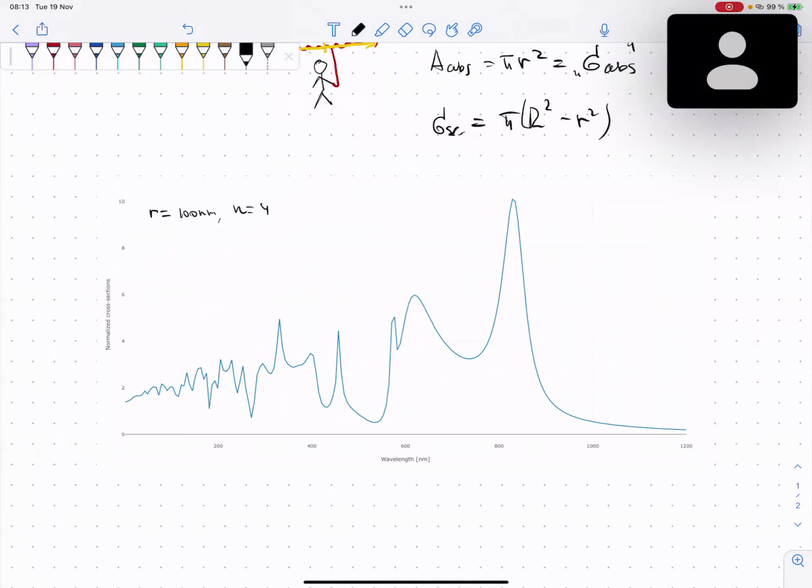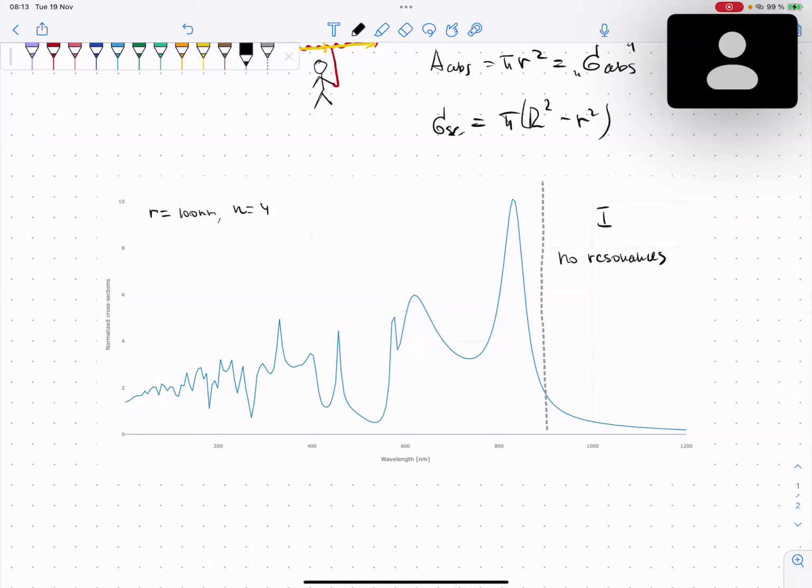And we can see that, in some sense, we have here three regions. The first region is somewhere here, and basically here we have no resonances.